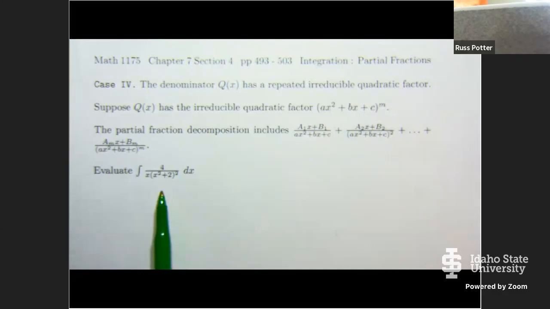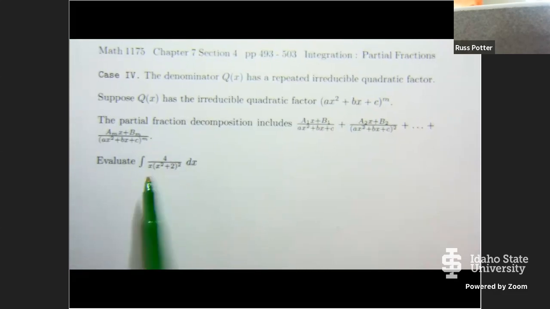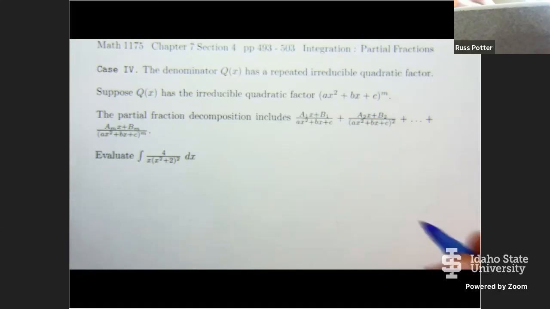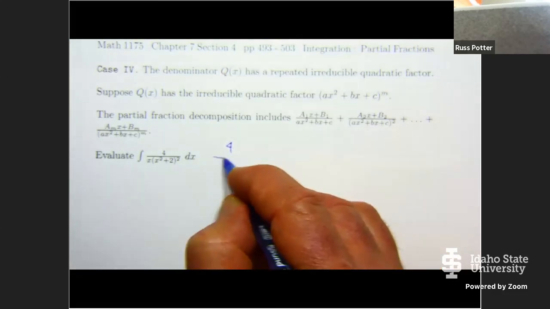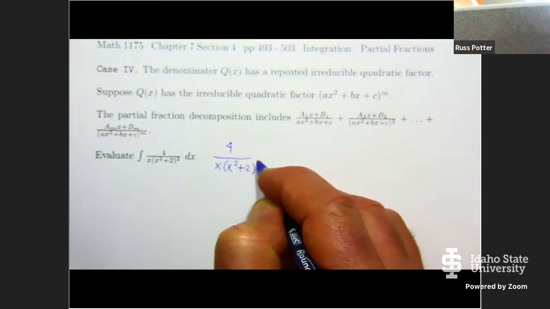So we have a fairly simple example, but it's going to be enough work as it is. In the denominator, we have a repeated irreducible quadratic factor, x squared plus 2 squared. So we'll write down our partial fraction decomposition: 4 over x times x squared plus 2 squared.